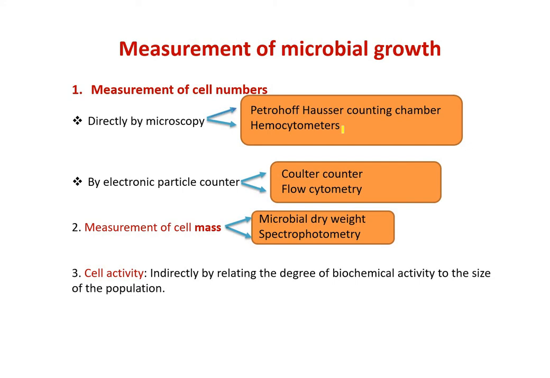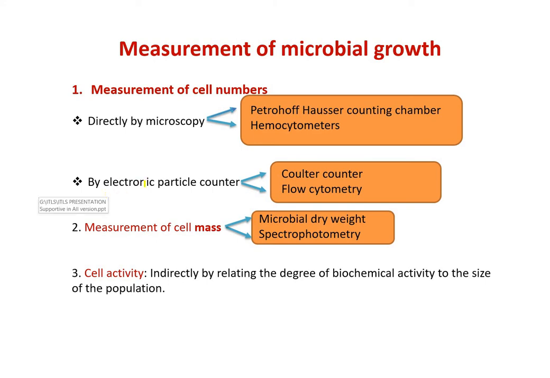When we observe a hemocytometer under the microscope, we can see a number of squares. The volume is 9 millimeter square. It has 16 cells in one corner square, and in the middle square it has around 25 squares. So it can clearly be seen under the microscope.